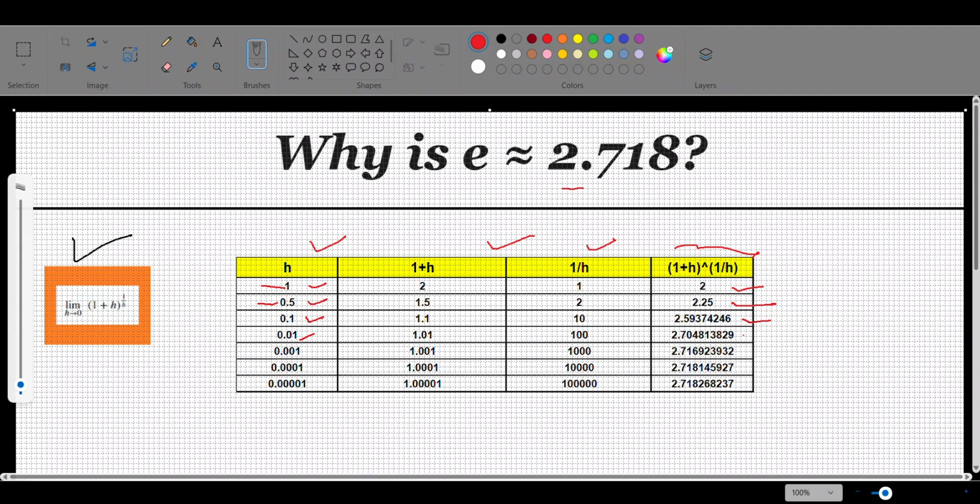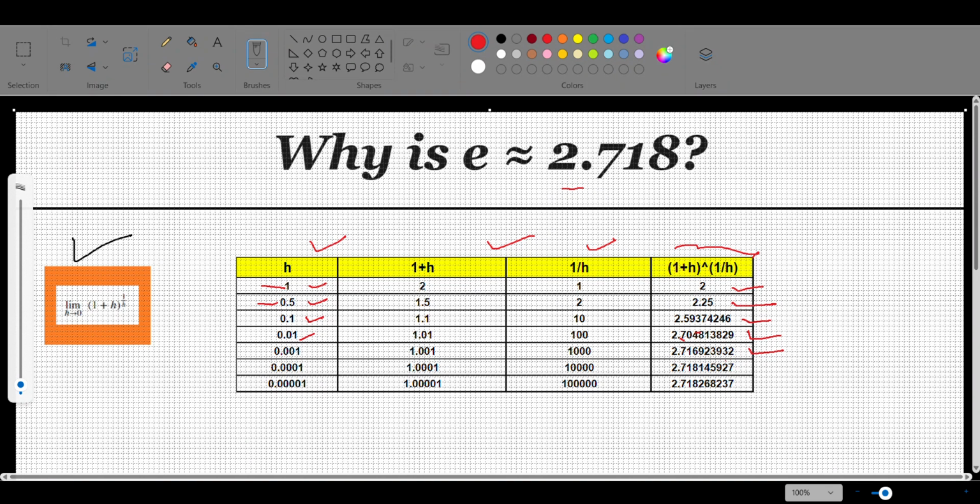So let's decrease h further and make it 0.01. And this time we see that we actually get the first decimal of 2.718. So let's decrease it even further. Now let's make it 0.001. And this time, if you notice, we get 2.71 as the first three numbers.